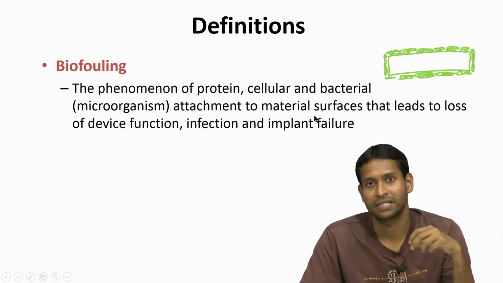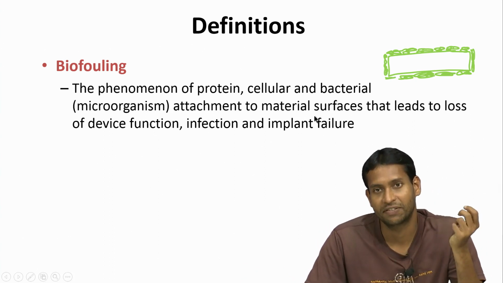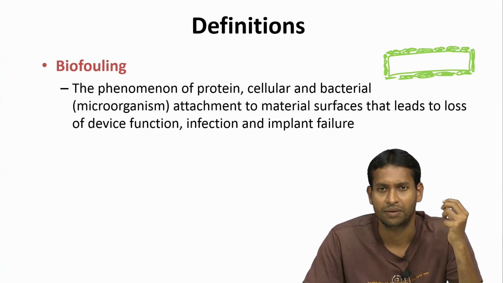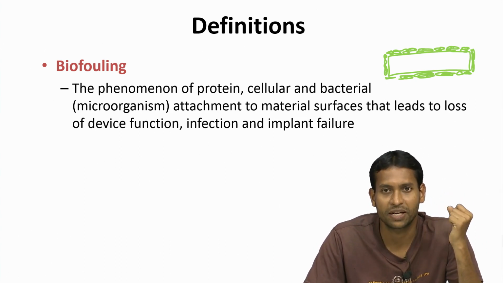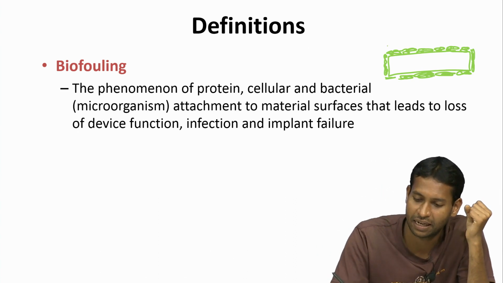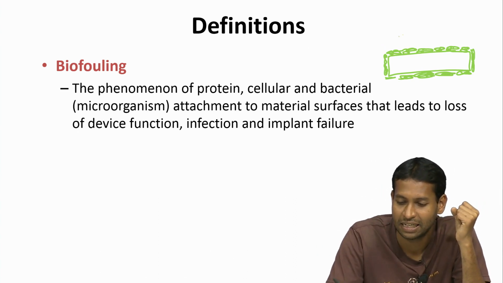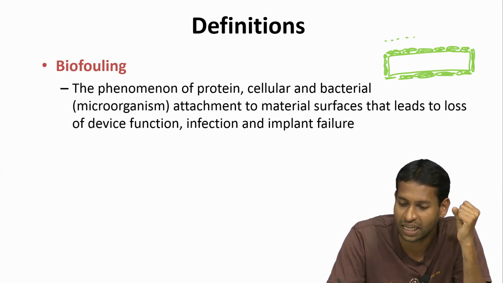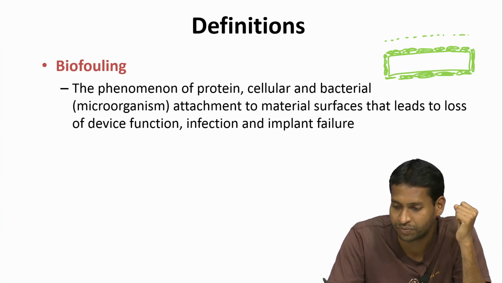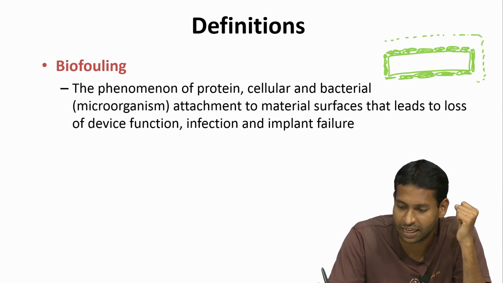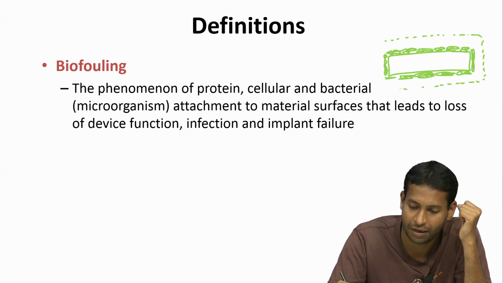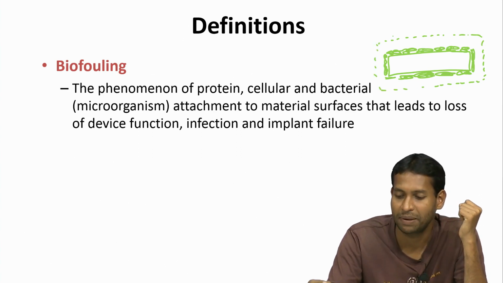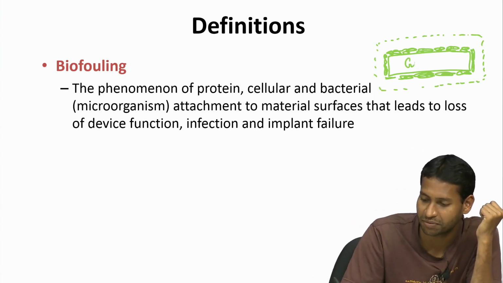And sometimes this could lead to loss of the device function. So, if it is a thin layer, usually it is not a big issue, but let us say this layer of protein and cells gets coated to quite a thick as well as compact layer around it, then what will happen? Let us say this was a glucose sensor.